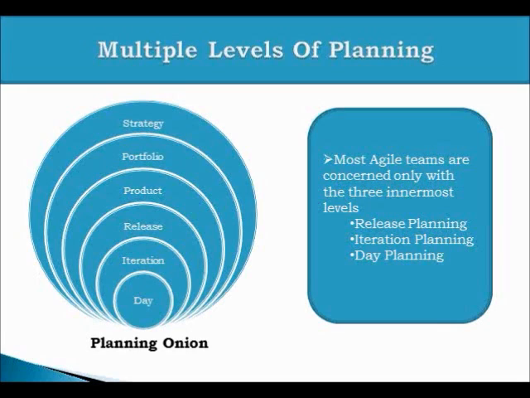An Agile project is not only running iterations and doing daily scrums. It is beyond that. You have a release plan, a product roadmap, a portfolio, and a strategy roadmap. But Agile teams are primarily focused on iteration and day. So release planning, which is the outermost layer of the three levels the Agile teams are concerned with, works as a bridge between the product portfolio planning and the day-to-day work which the Scrum team performs.